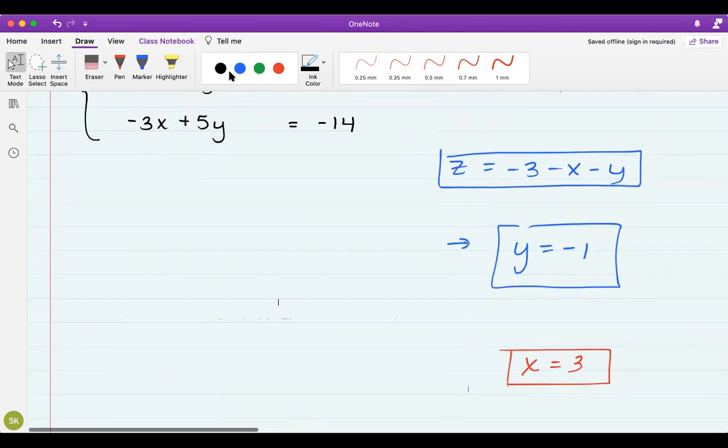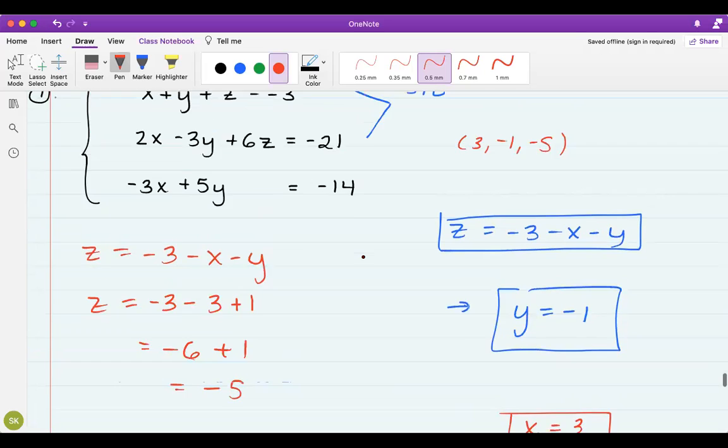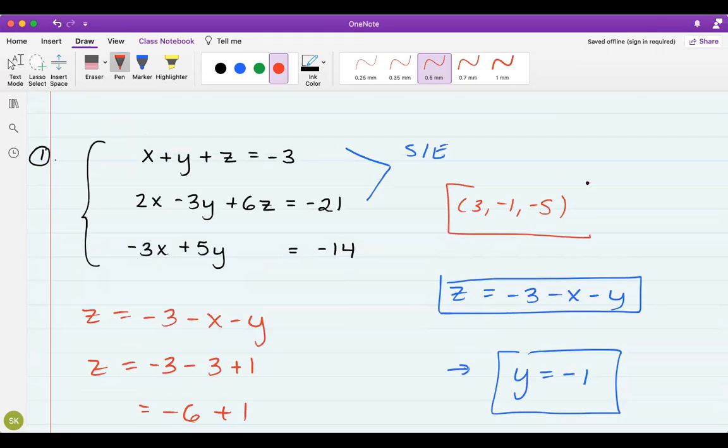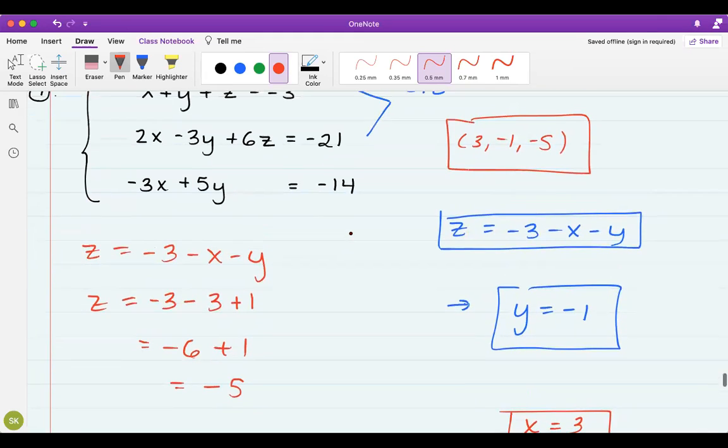Then just plug it into this equation. We get z is equal to -3 minus x minus y. So z is equal to -3 minus 3 minus 1, plus 1, because we have a minus y, so that becomes plus 1. So we get -6 plus 1, which is -5, which is what I have written here. We have 3, -1, -5. So that is the correct answer.